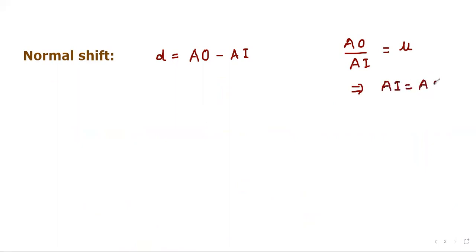Normal shift D equal to AO minus AI. As we have studied, AO upon AI equal to mu, so we can say that AI is equal to AO upon mu. So D equal to AO minus AO upon mu.